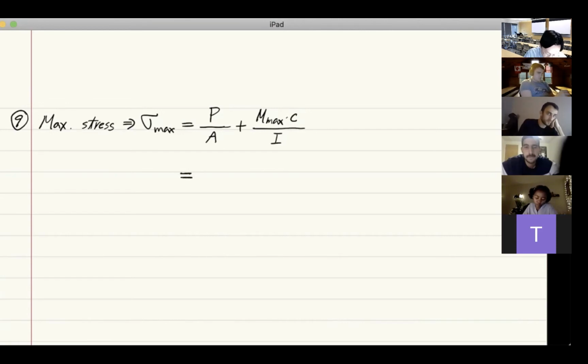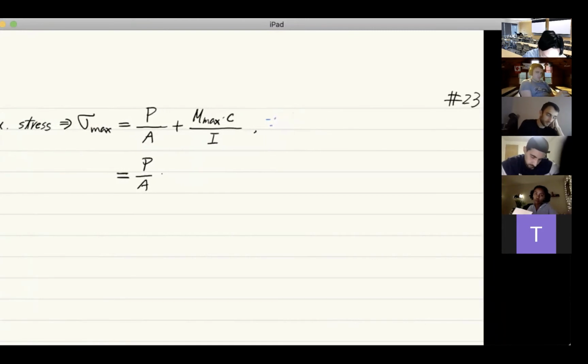So P is still P. P is just being P itself. Maximum moment is what? It is AF. And what is AF? In this case, AF is what? Secant KL over 2, right? And the maximum moment is just AF times P times E. So I can write it this way. The whole thing is actually this.